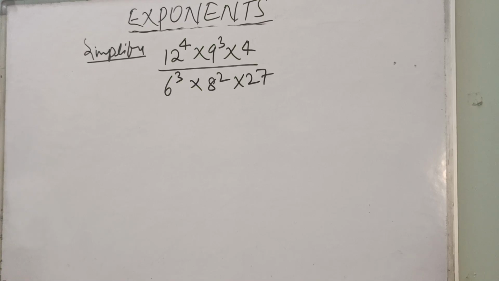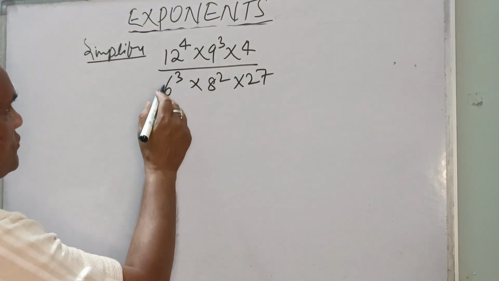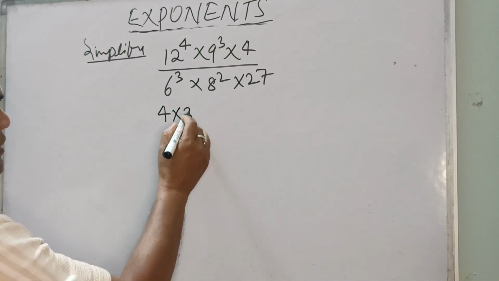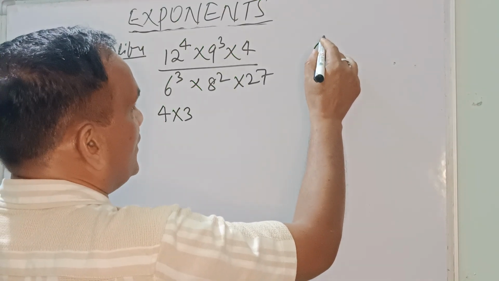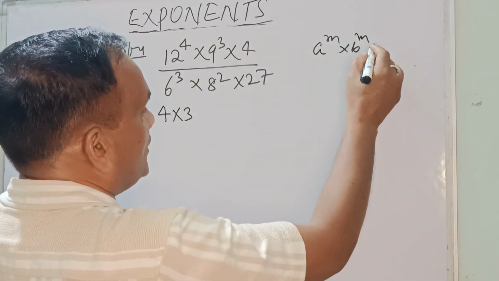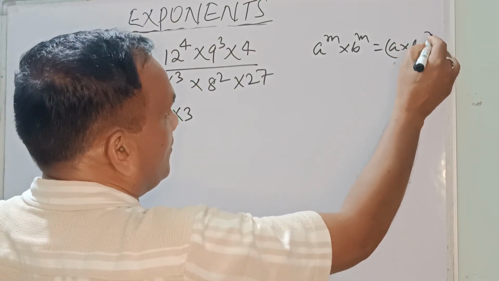So 12 to the power 4, how can you solve this? Can we break this 12 into 4 into 3? We have seen that a power m into b power m, then we can write (a into b) power m, right?